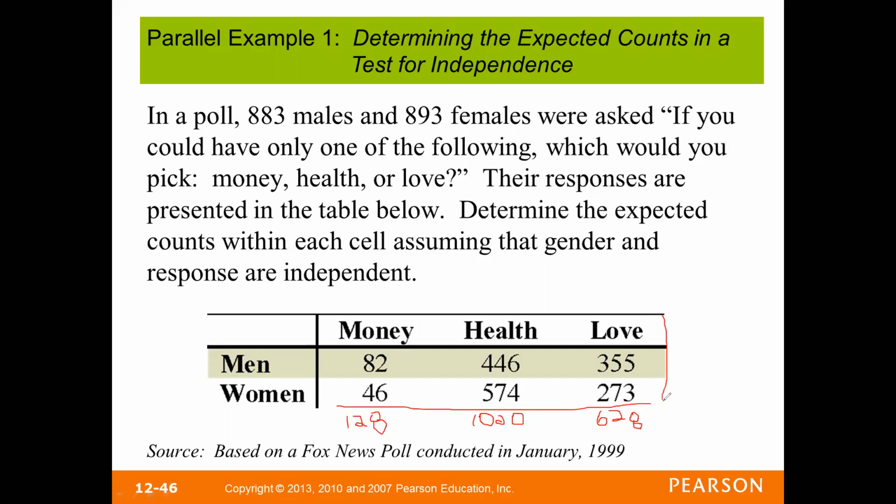Over here, if we add those together, let's see, 82 plus 446 plus 355. Let me grab my calculator here real quick so that I can put those together. That is 883.